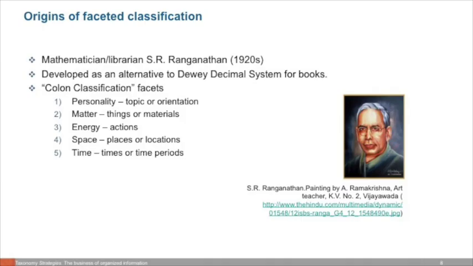So it was a notion that comes out of an interest to organize books in libraries. He also is known for the invention of the bookmobile. So he's someone who's actually very focused on delivering library services to people. Anyway, he developed a system called the colon classification, and it's pretty much behind this idea of faceted classification.